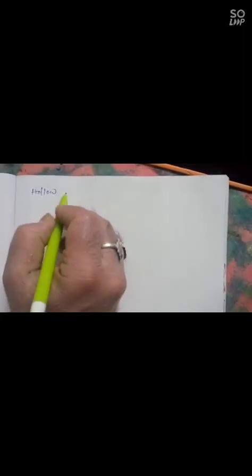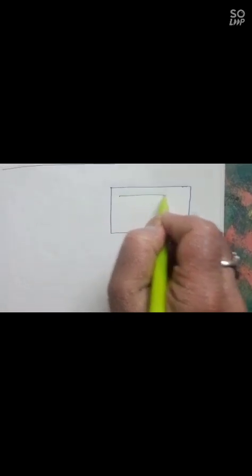Next we will see the hollow rectangular section and also the hollow circular section. So this is a hollow rectangular section.